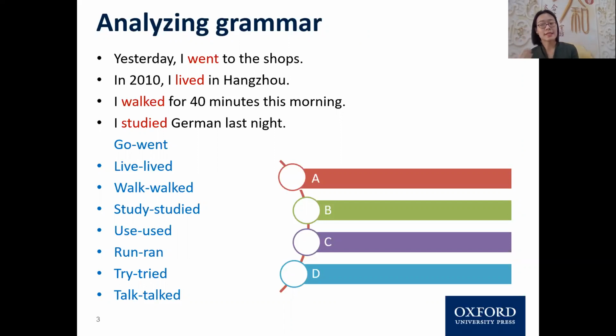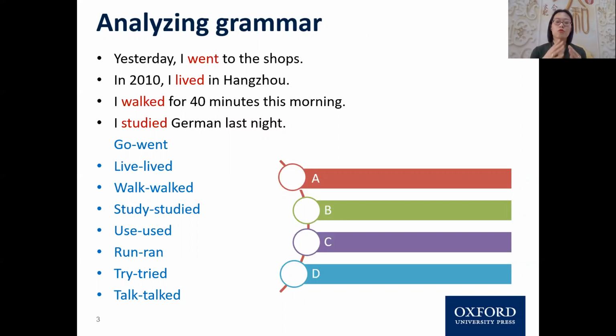And then my next task is, please look at these eight verbs from go all the way to talk, and compare and contrast and put them into four groups. So by asking them to do this, they have to think about these words. They have to analyze the verbs and then group them.